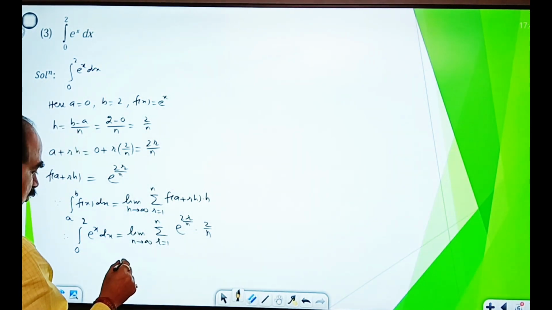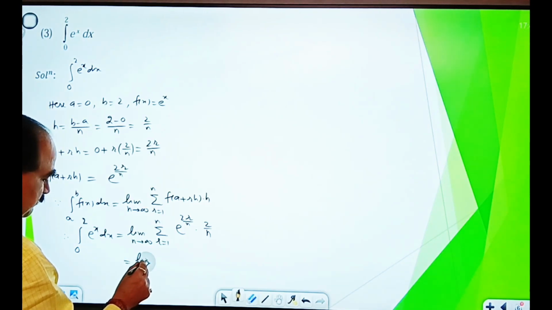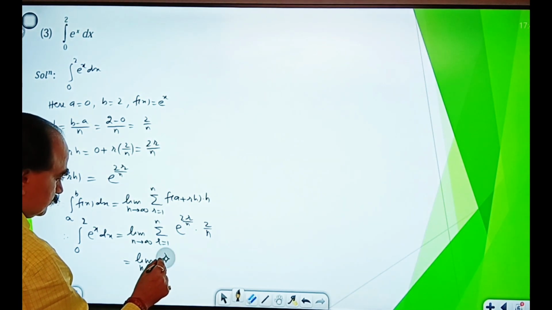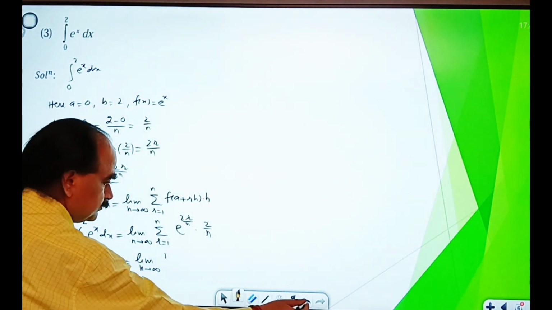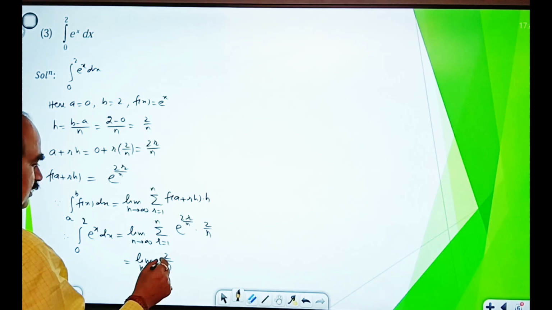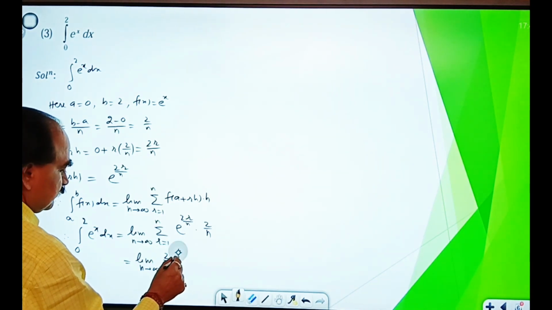Now 2 by n will come outside, but within limit sign.